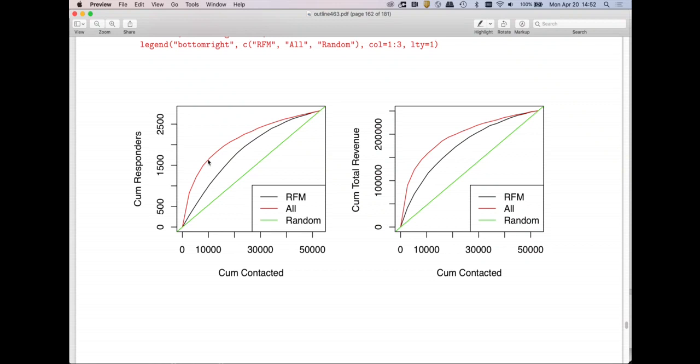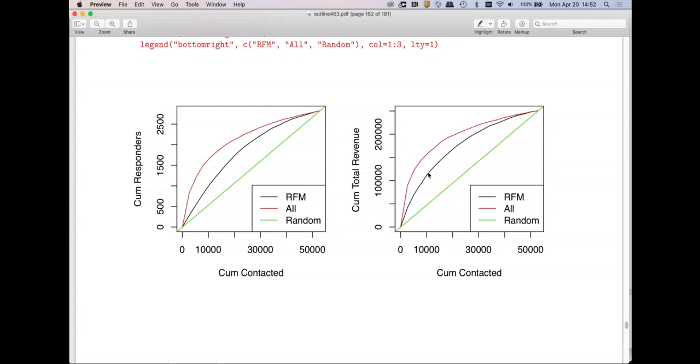And notice how many more responders we generate for a given level. So this would be about the first quintile. If I go about 10,000 customers in, I generate way more responders with the red model than the black model. Likewise, I generate way more revenue with the red model versus the black model.